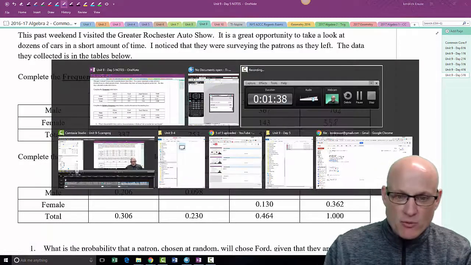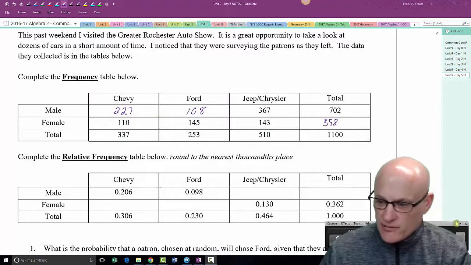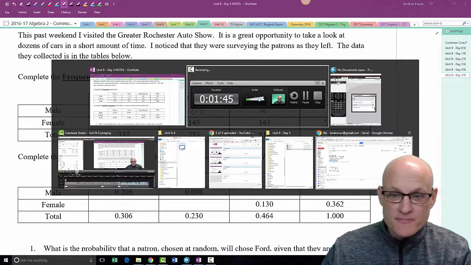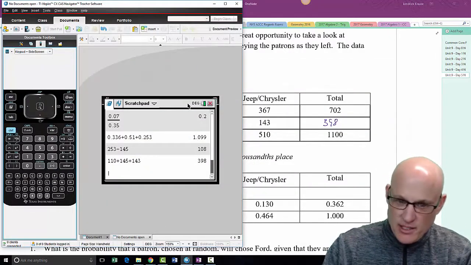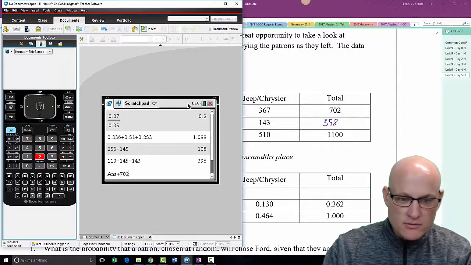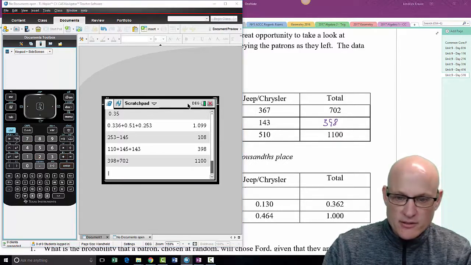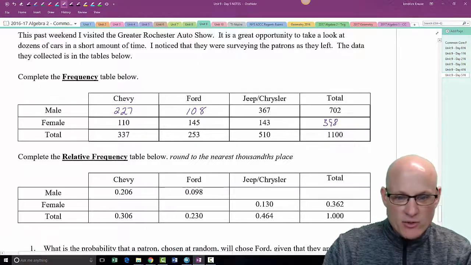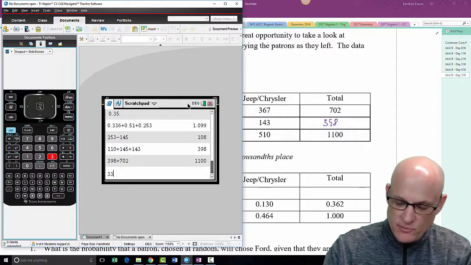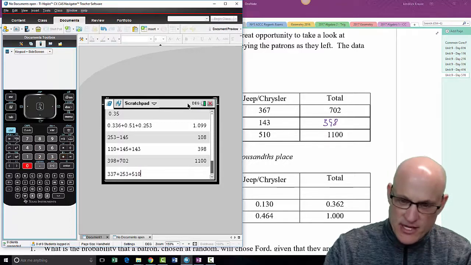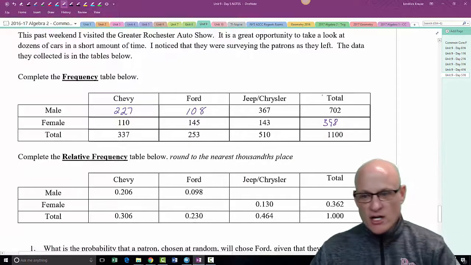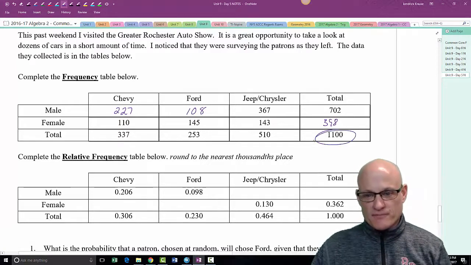Now I should check my work. Plus 702, that's 1100. Now let me check the other one. The other one should work. 337 plus 253 plus 510 equals 1100. So 1100 people were surveyed.